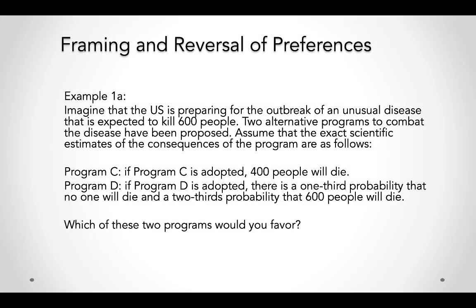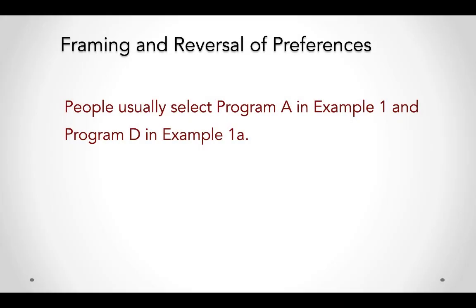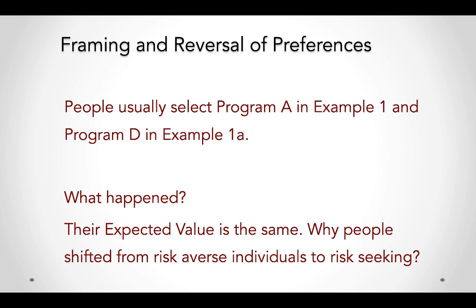So they go for the gamble in example 1A, and they go for the sure gain of 200 people saved in the first example. So as you can see, your risk preference has just shifted from adopting a sure gain to a gamble for a loss kind of situation as we move from example 1 to example 1A.